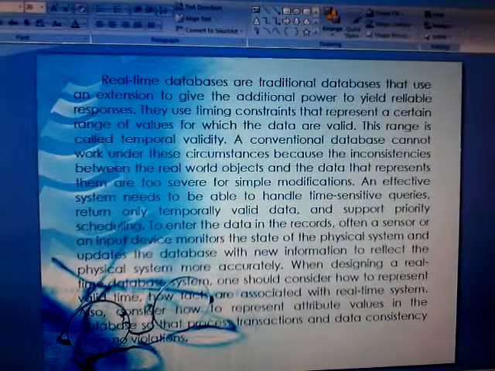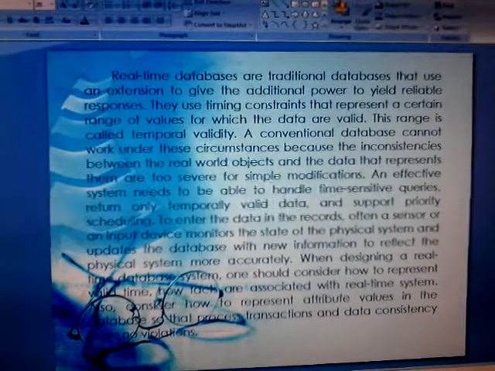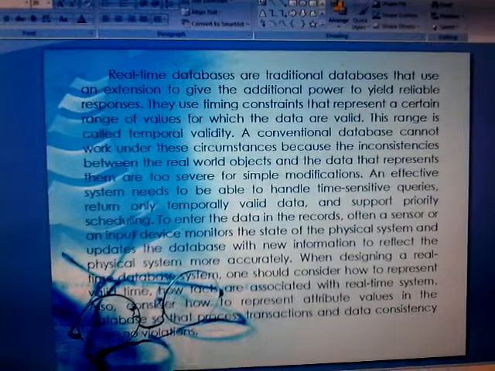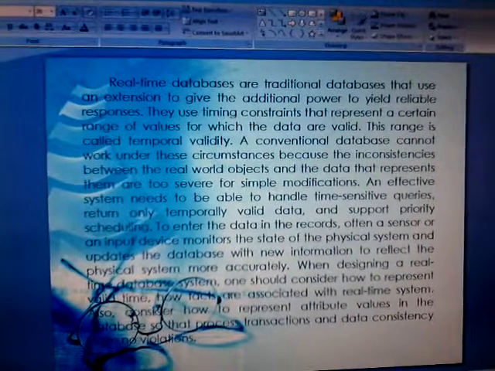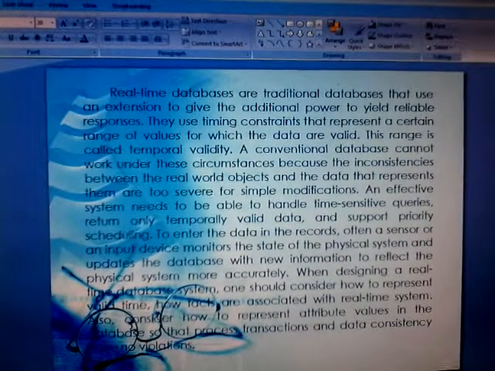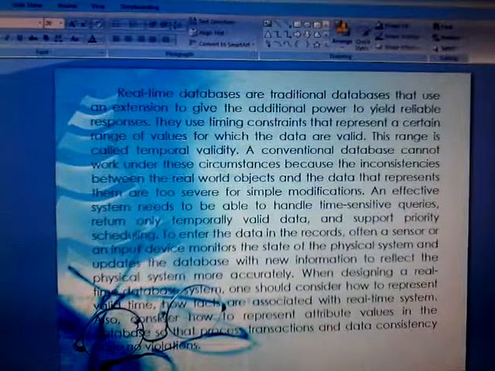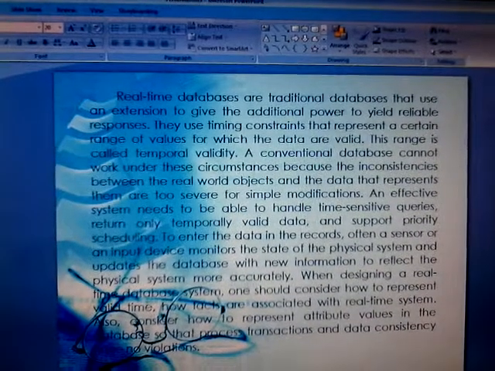To enter the data in the records, often a sensor or an input device monitors the state of the physical system and updates the database with new information to reflect the physical system more accurately.